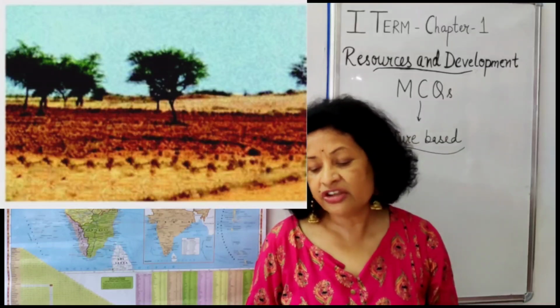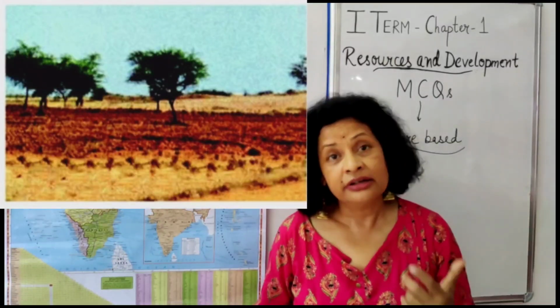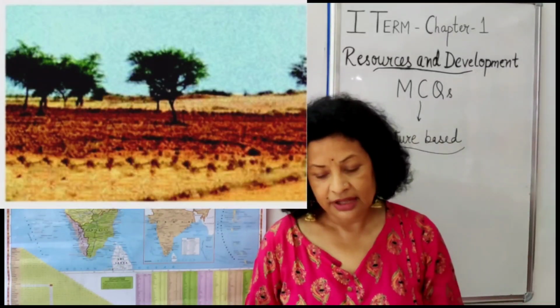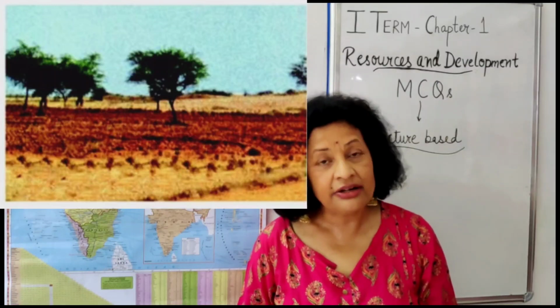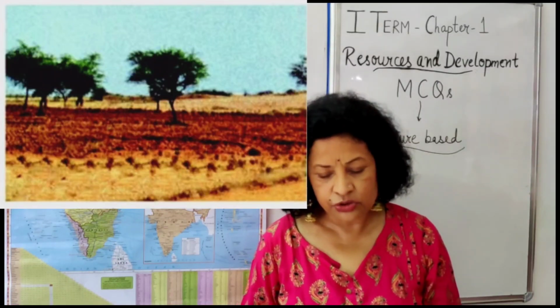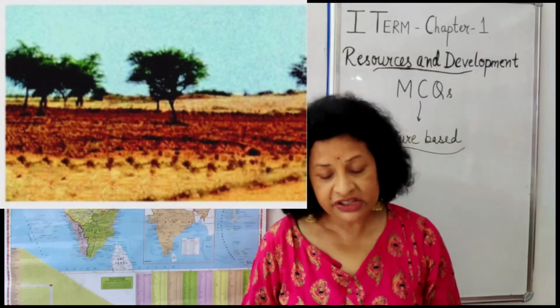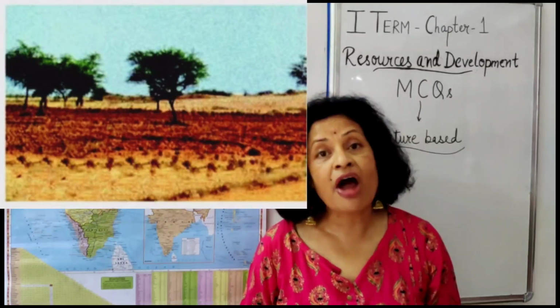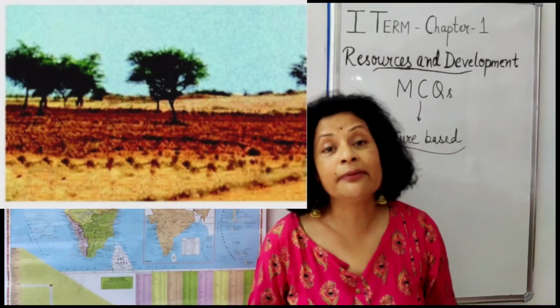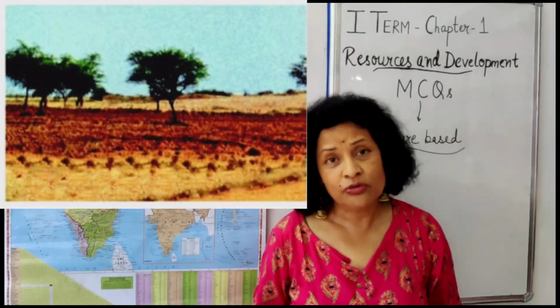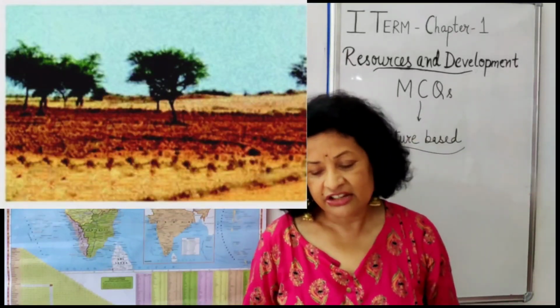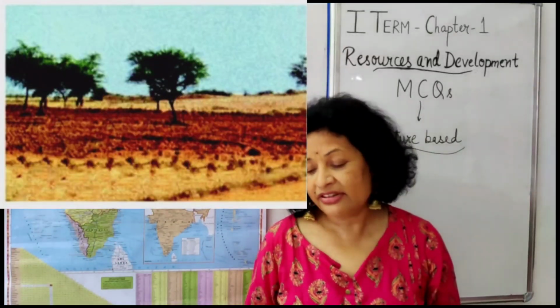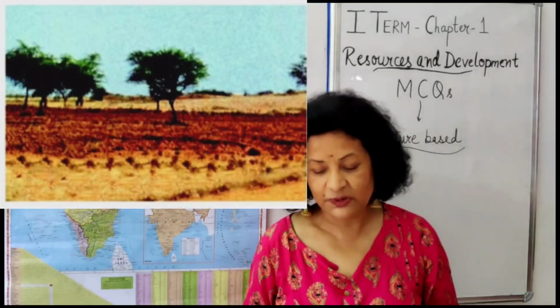Why is vegetation so sparse in this type of soil? Is it due to low temperature, moderate temperature, or dry climate and high temperature? It is due to dry climate and high temperature.